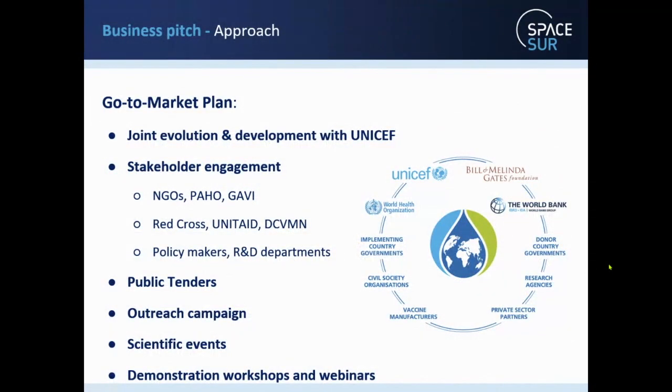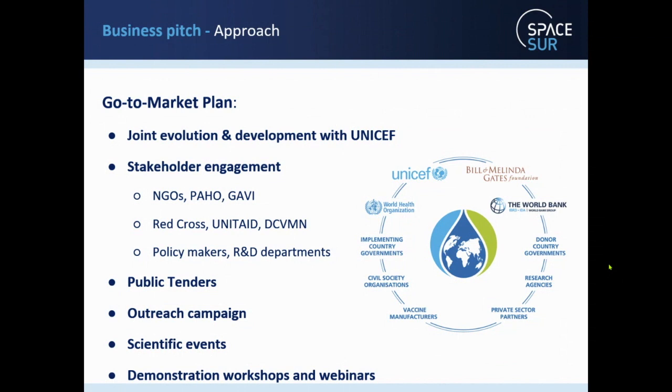We have our go-to-market plan. The very first step is to improve and get the evolution and development with UNICEF and the Bill and Melinda Gates Foundation, who were the donors for this opportunity with UNICEF.